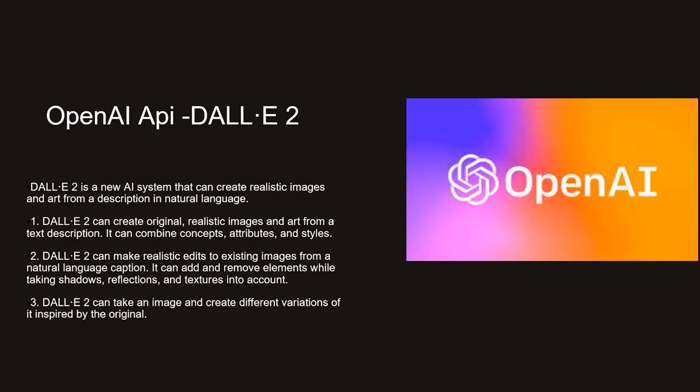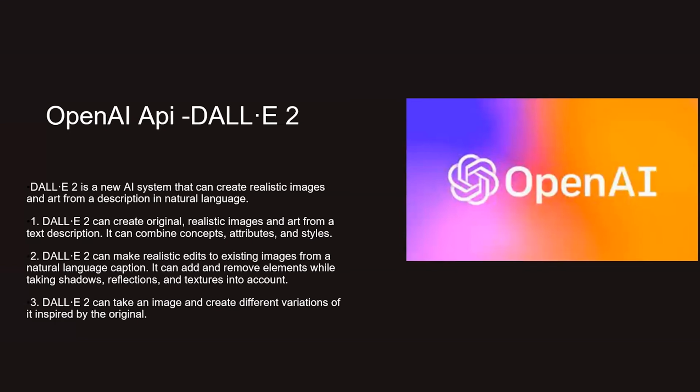Because it is a new AI system that can create realistic images and art from a description in natural language. Basically, it can create realistic images and art from a text description, and it can combine concepts, attributes, and styles.